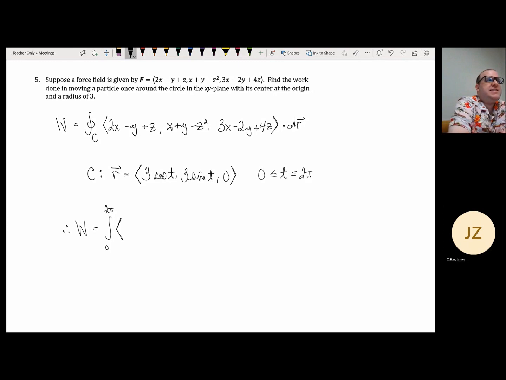We need to rewrite the integrand. Everywhere there's an x, we get 3 cosine t. Everywhere there's a y, we get 3 sine t. And everywhere there's a z, we just put in 0.